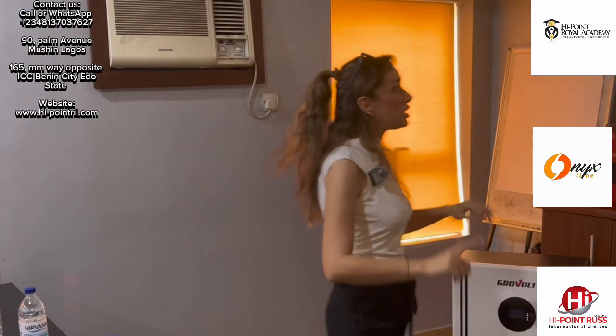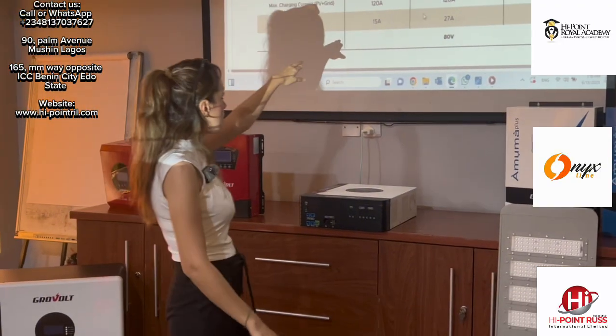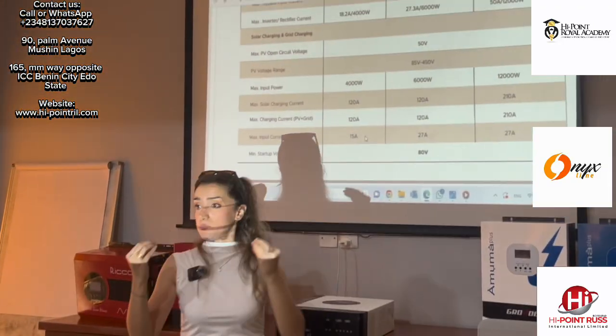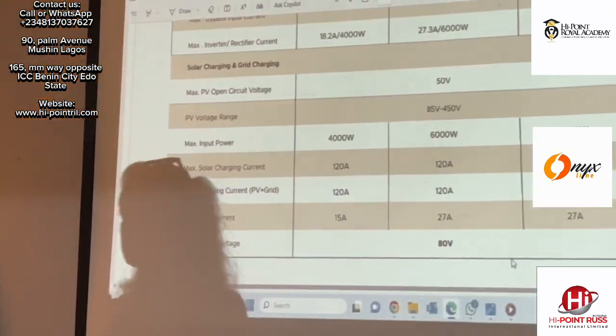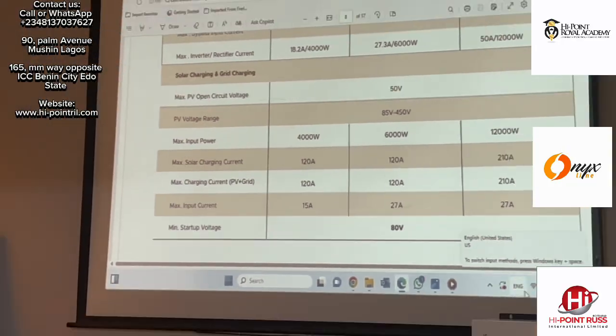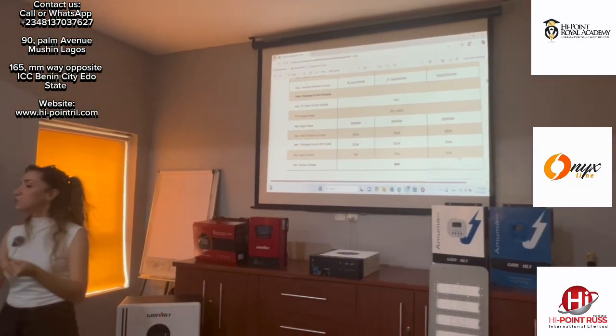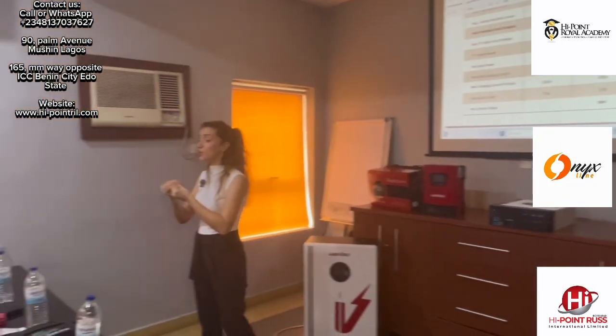He didn't reach 500, but he reached up to 27 or 26 amps. So you have to notice your inverter's input amps, so you will not damage your inverter. As Engineer Russell said, you have to read the data sheet for any product you will buy, and read the user manual before you install it.